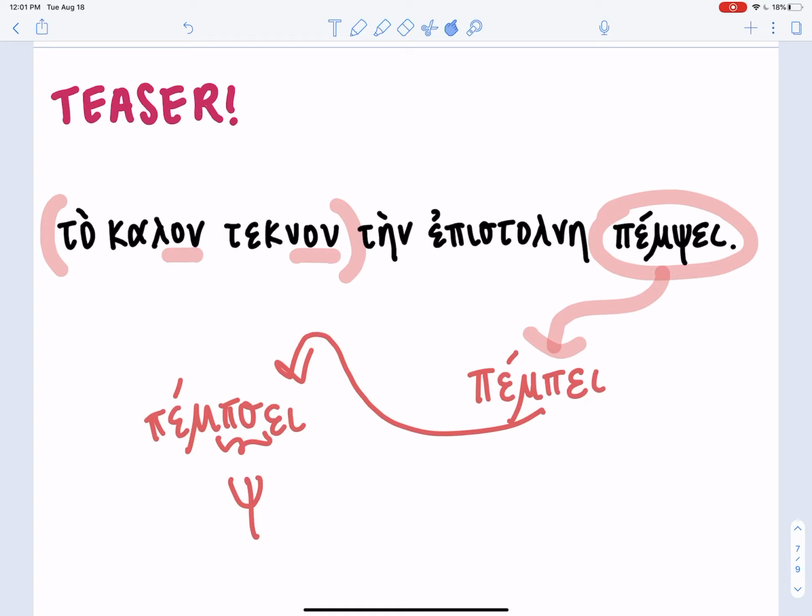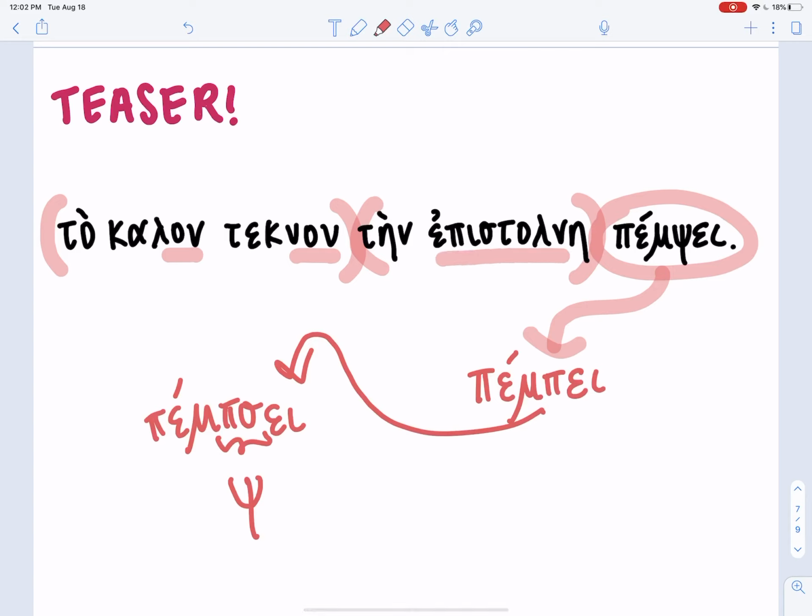So now here we are. We're at to kalon teknon, the beautiful child, pempsei, will send, ten epistolen. So now we're back in first declension, doing things we learned a couple lessons ago. And we know that ten is the feminine definite article.